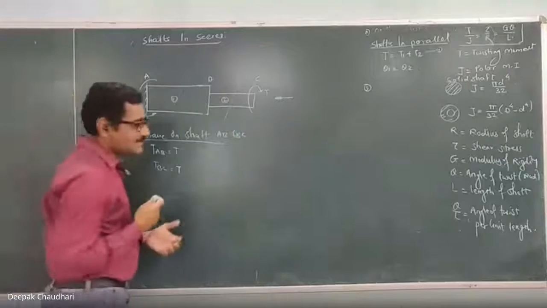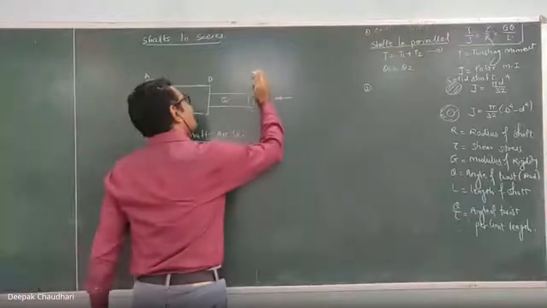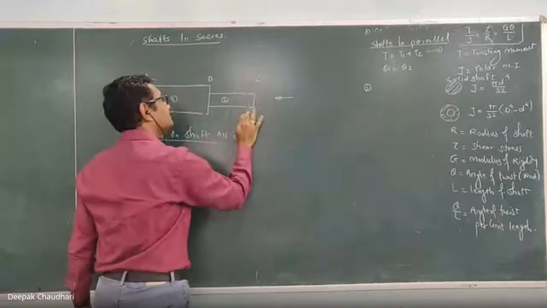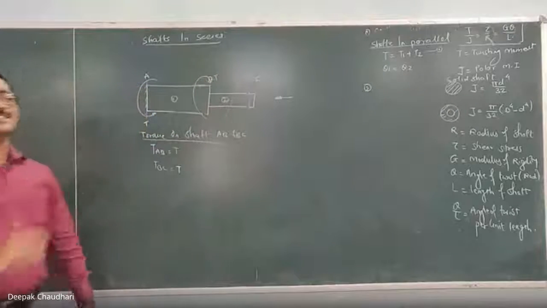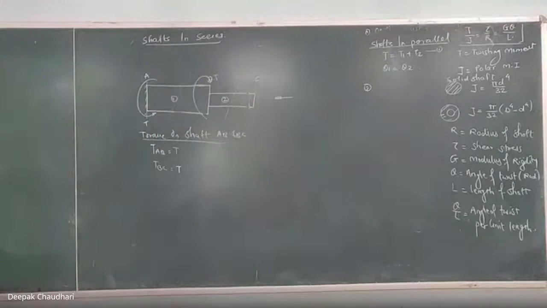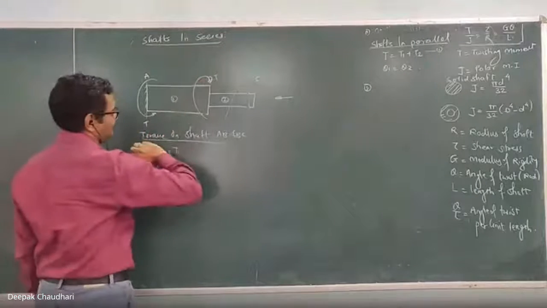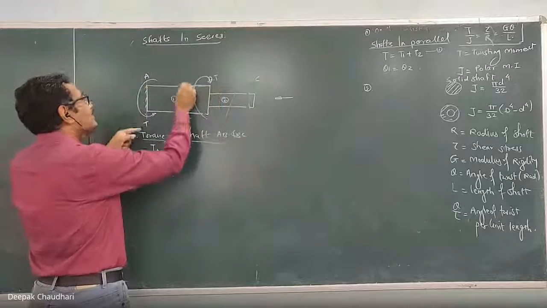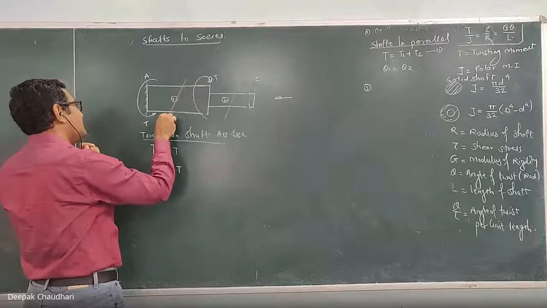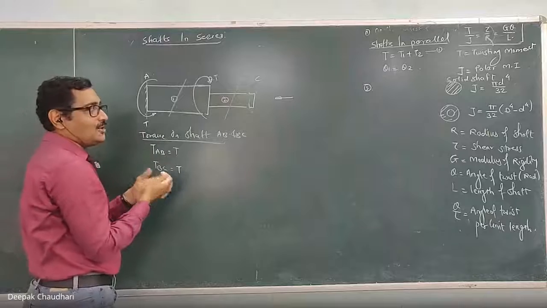Now just to answer my question, if I apply this torque at point B, at the junction of these 2 parts, how much is the torque acting on the part AB? To find out the torque in the part AB, take the imaginary section and take the algebraic summation of all the torque on any one side.